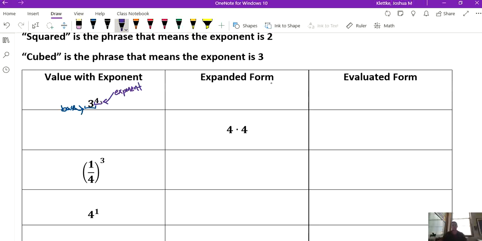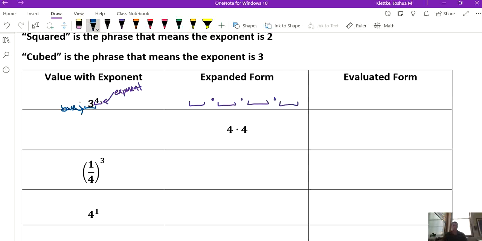In expanded form, we're going to change it from this shortened version where it's a value with an exponent to actually show what that shortened version means. So I look at the exponent first. The exponent is 4. That tells me that I'm going to have 4 spots or 4 things that are being multiplied together.